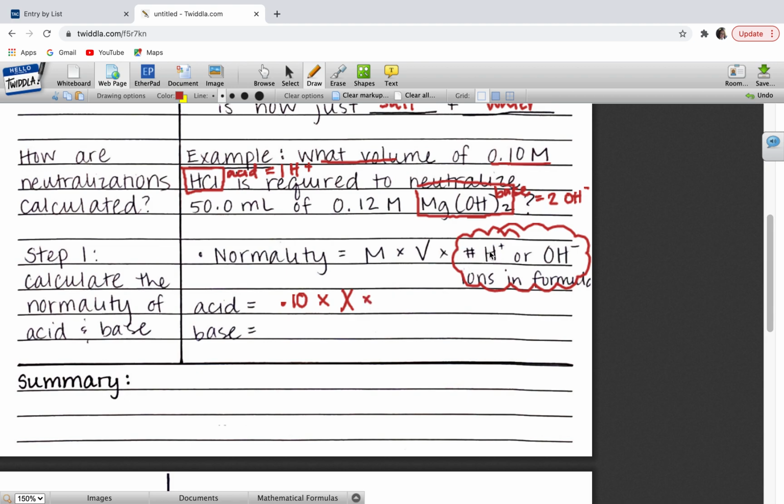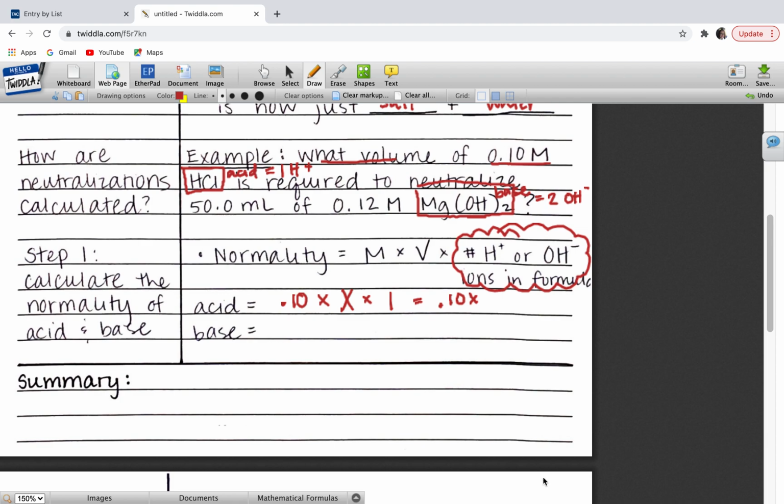And then we have to multiply that by the number of hydrogens in the chemical formula that will dissociate. And for hydrochloric acid, that's just a single hydrogen. So if I take my molarity, 0.10, multiply it by my unknown, multiply it by 1, that gives me 0.10x. You guys okay with that one? All right.